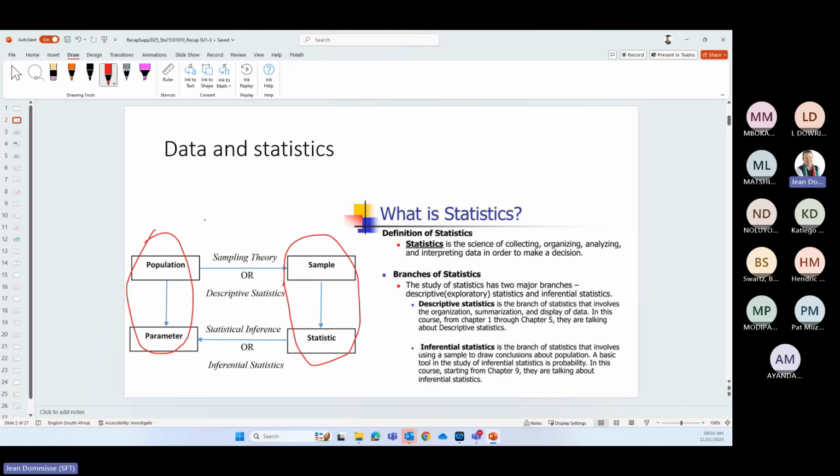So how I see it: the sample and the statistic, the two S's together, and the population and the parameter, the two P's together, so that whenever we get a question around that, you have that link. That's normally how I look at the sample and the population component.